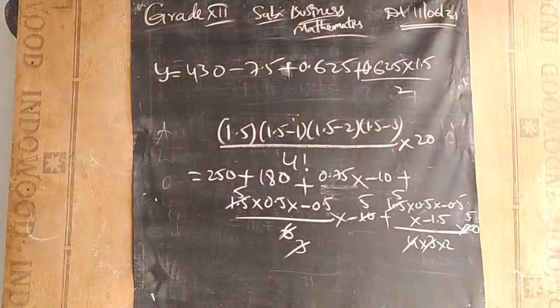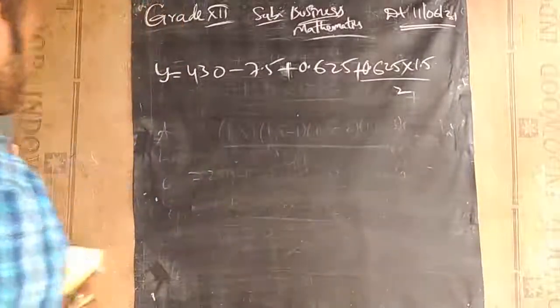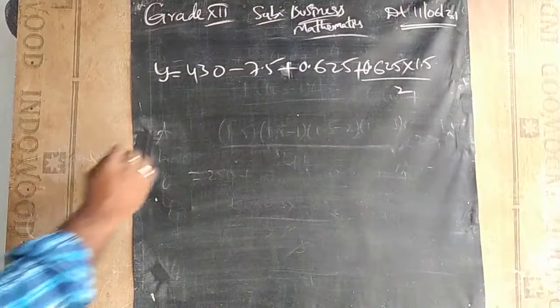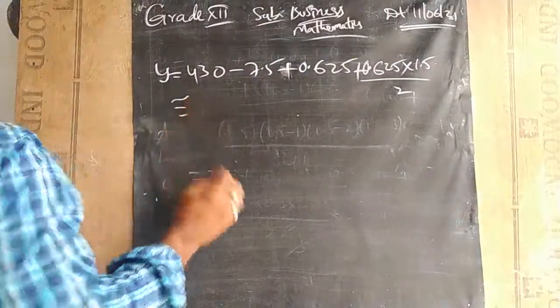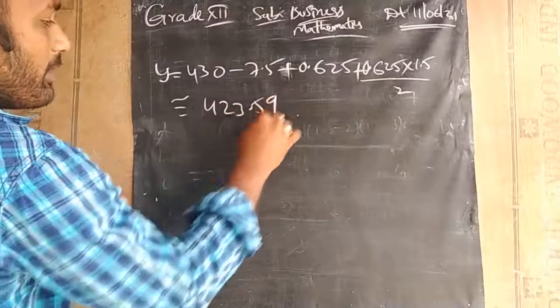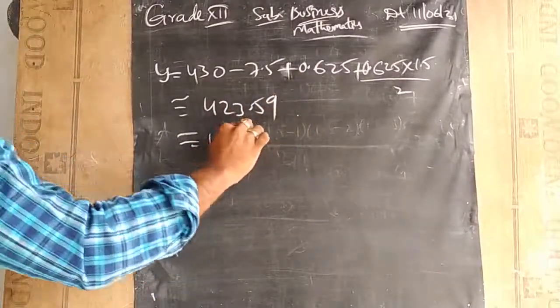If I do the overall simplification of these, we are going to get approximately 423.59, which is approximately 424.